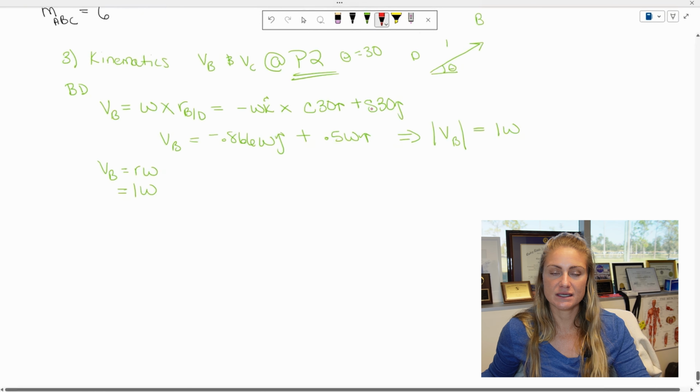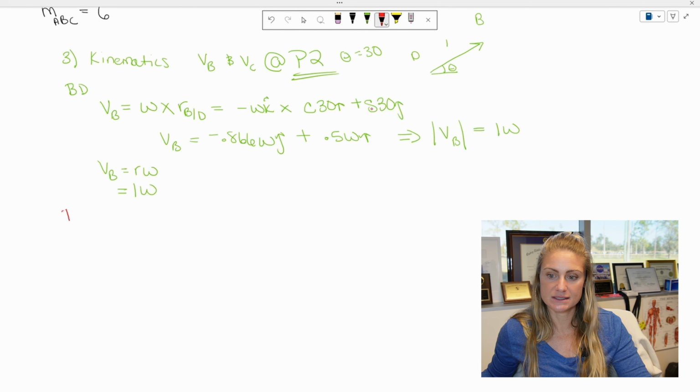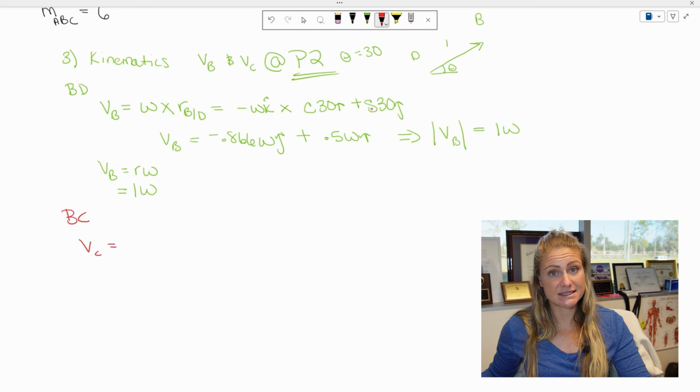Okay, so now let's look at VC. Well, I could relate B and C. So VC equals, bar ABC is in planar motion, so you're going to have a linear and angular component for velocity.